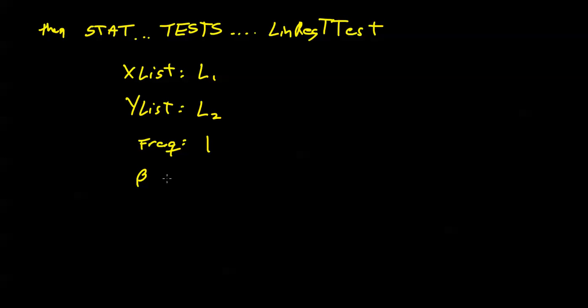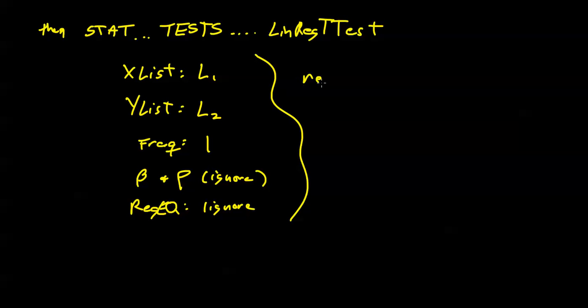That's fine. There's a beta and rho option I'm going to ask us to ignore, at least for the time being. Also, this command, RegEQ, I'm going to ignore that for now. And the result screen will look something like this. Well, there's a lot of information, and all we're interested in for the purposes of this section today is to scroll down to see R.